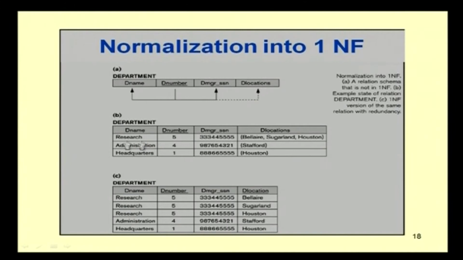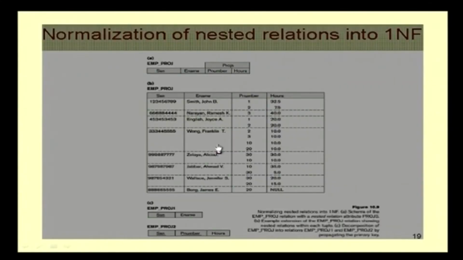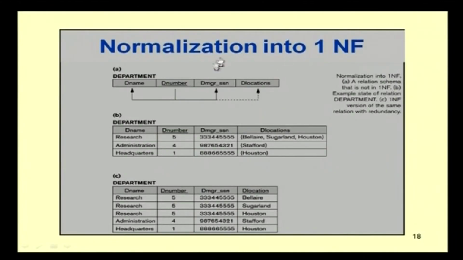In order to convert this into first normal form, you have to repeat research 3 times and have it as separate tuples by breaking up this multi-valued attribute. This is in first normal form, while the other is not. That is an example of a set based multi-valued attribute converted into first normal form.